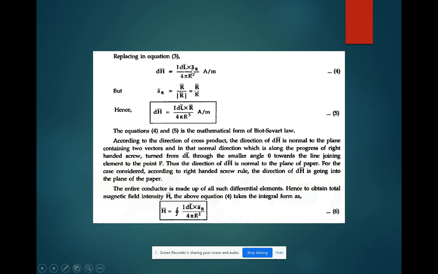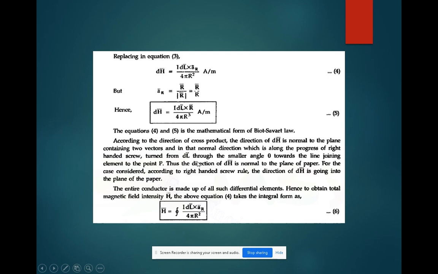Replacing this value in the fourth equation, you get R vector divided by R cube in place of aR vector, so in the denominator you get R cube. These are the mathematical forms of the Biot-Savart law.